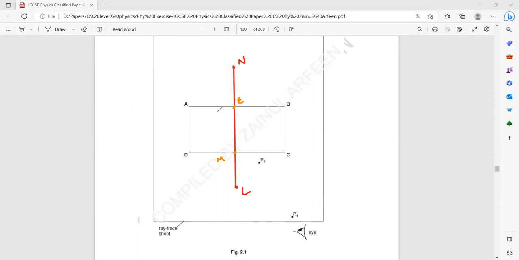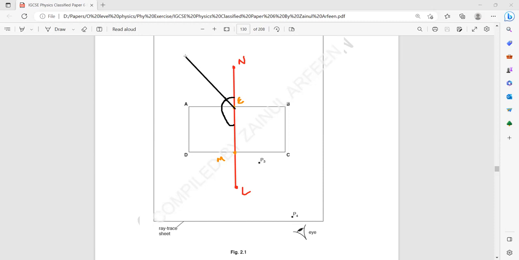Then, as I mentioned in the question, on the left of this we have to draw another line, and the angle of incidence should be 30. So you place your protractor, mark 30 degrees, and draw the line at an angle of 30.